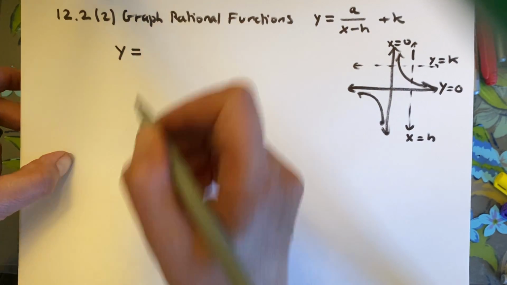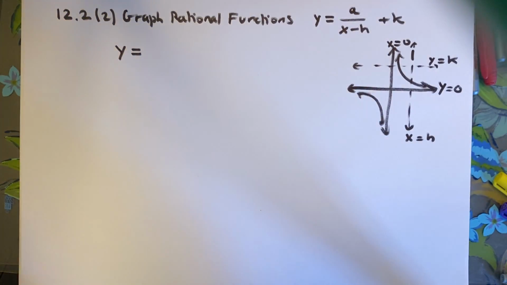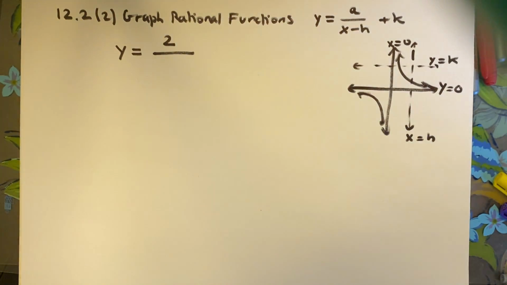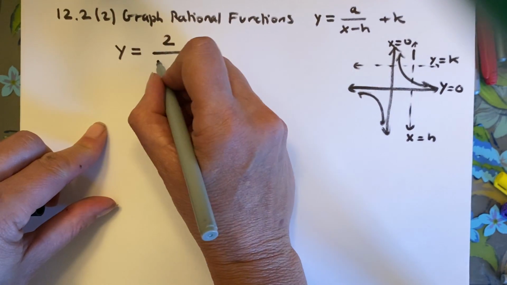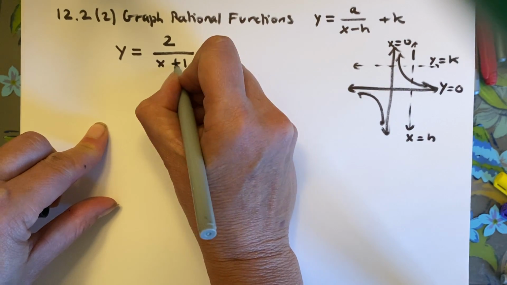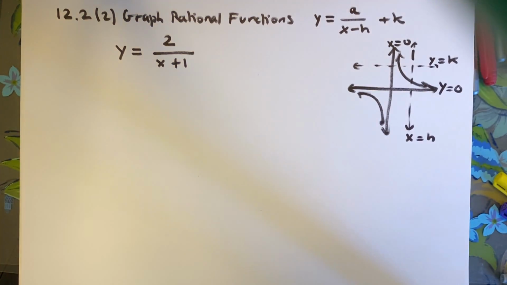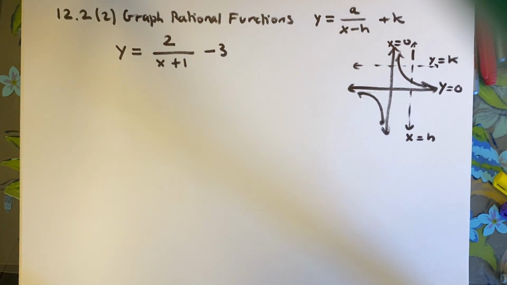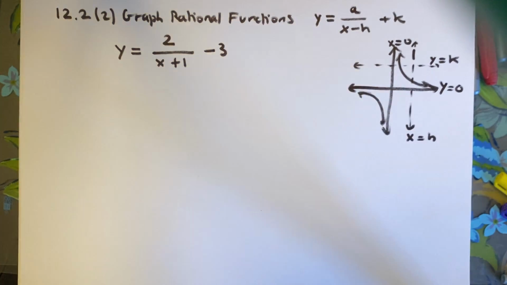Y equals, and we're going to have 2, so we have an a value of 2, which means there's a stretch of 2, x plus 1 and minus 3. So what are we going to learn if we use this as our example?